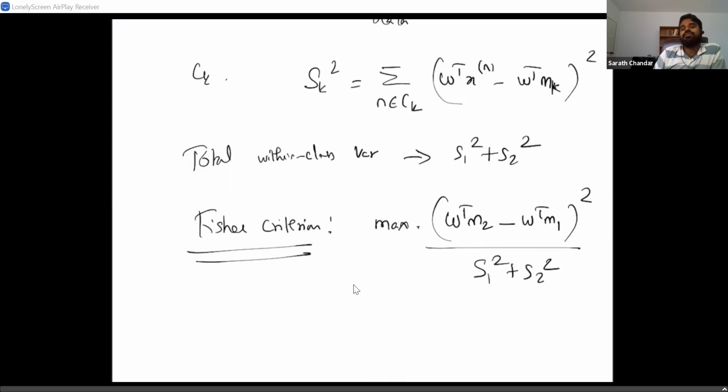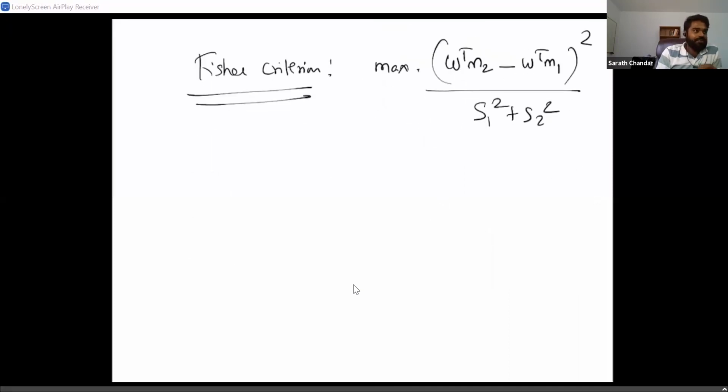So I want to maximize this term, so the denominator is minimized. You're minimizing S1 square and S2 square while maximizing the distance between the means of these two classes. Is that clear? Now we need to consider these two terms and simplify them so that it's easy for us to do the maximization.